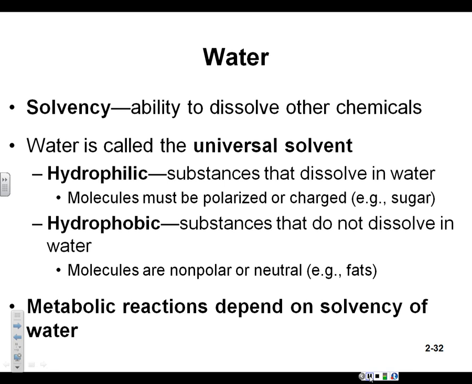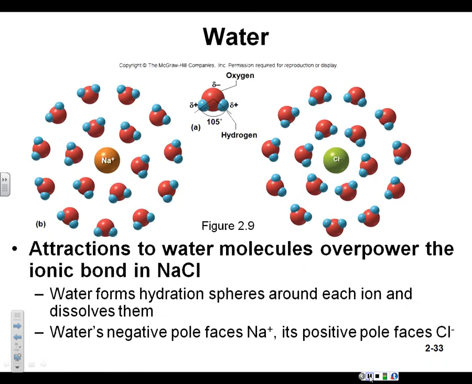Protein. Alright, so that's anabolism. If I take a protein and break it down into amino acids, that is called what? Catabolism. So anabolism and catabolism are the two components that make up what? Metabolism. And metabolism depends upon things being able to be broken down in water. Alright?